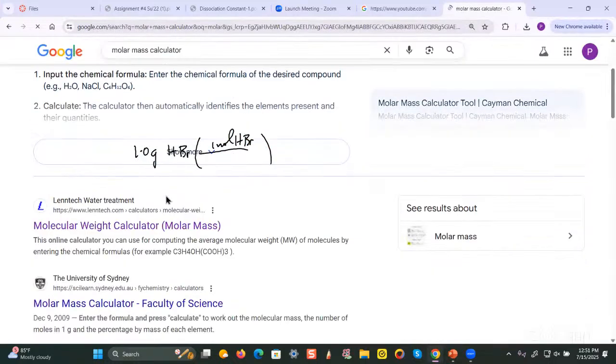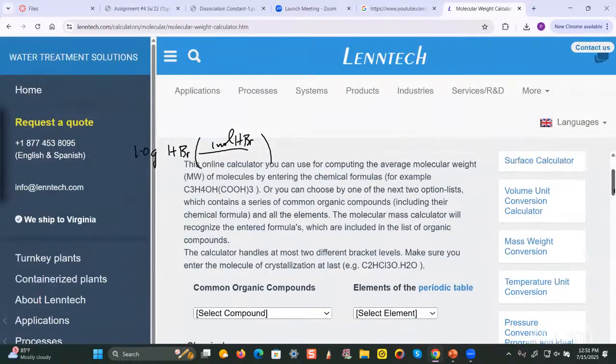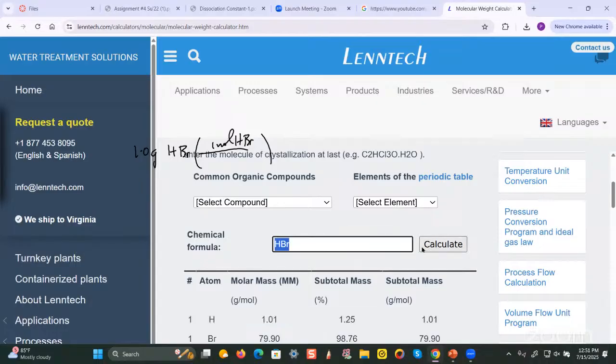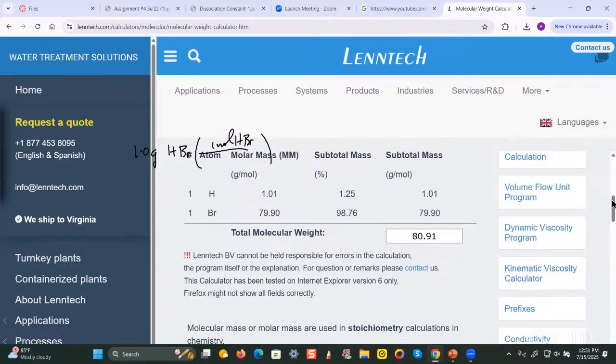It has never failed me yet. Okay, so HBr, uppercase B, R. Let's see what this gives. This gives 80.91, which I think I heard somebody say.